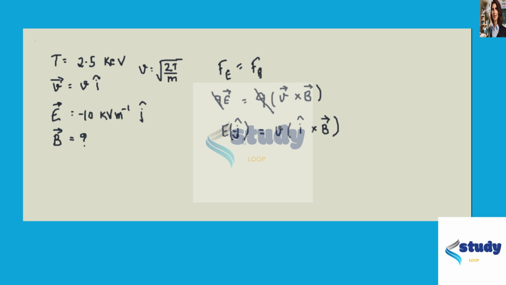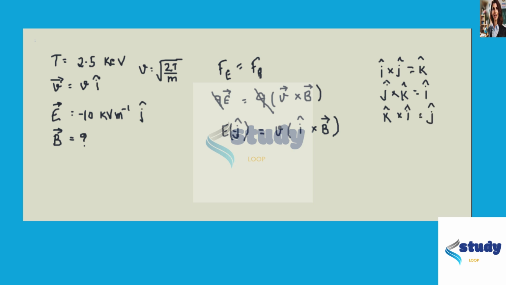Well, the thing that you have to consider here is i cross minus k is equal to j. So this is the relation between cross products. i cross j equals k, and j cross k equals i, and k cross i equals j.